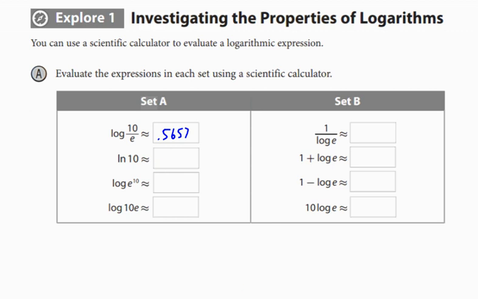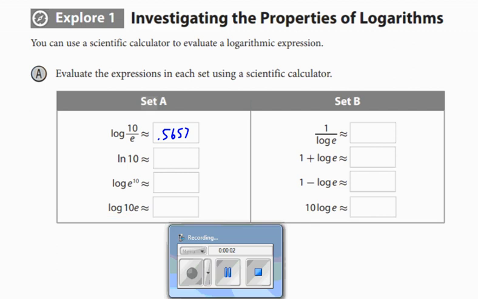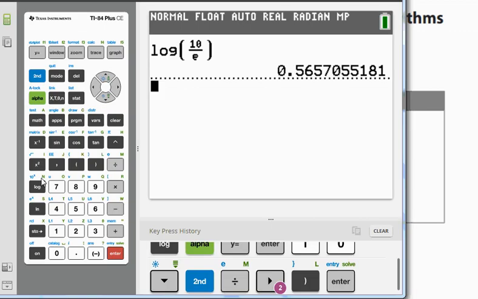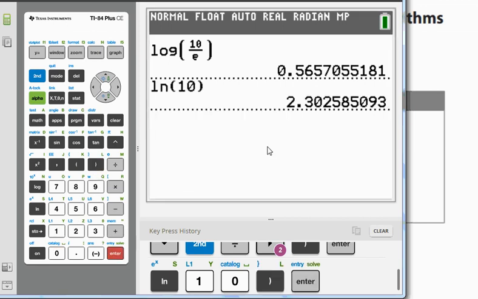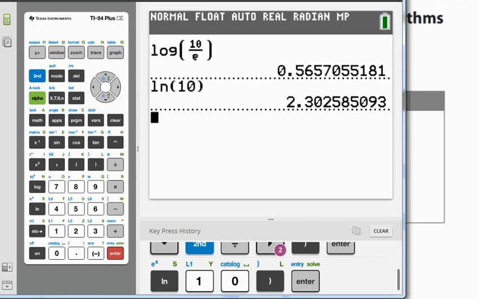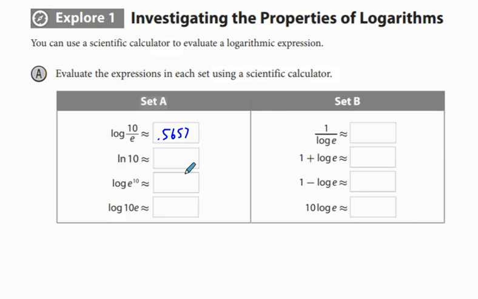Well, ln stands for the natural log, so we use the ln key and enter 10. This answer is 2.303, we'll call it. And then log of e to the 10th power.